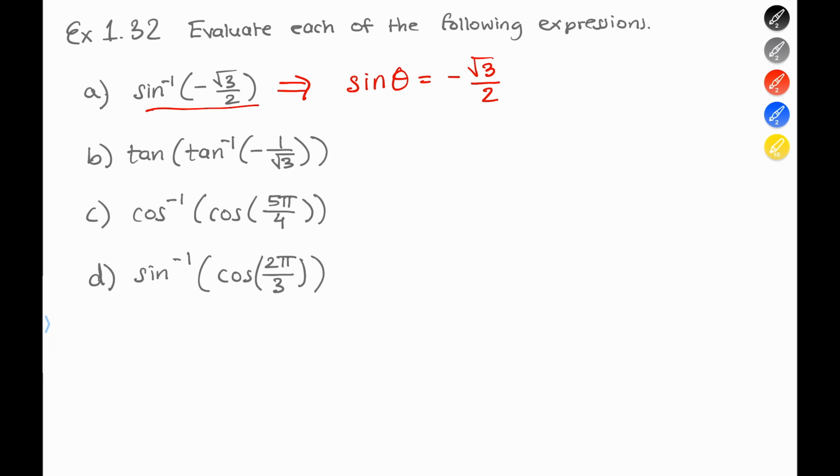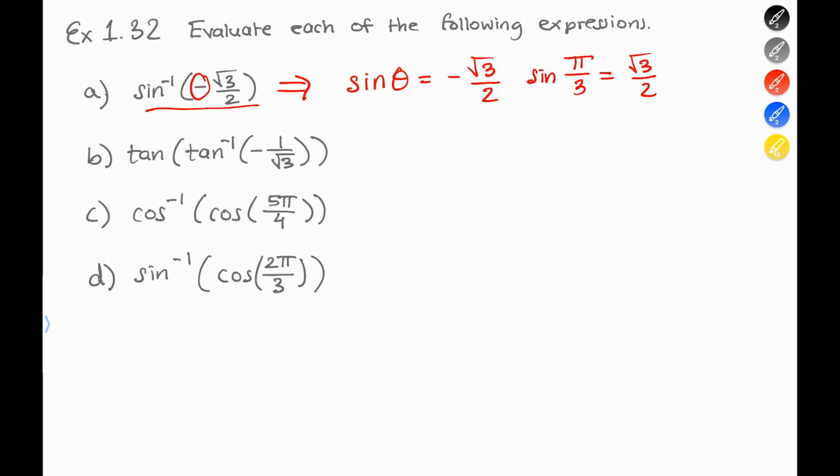And now if we remember our unit circle, we know that sine of pi over 3 is equal to root 3 over 2. But notice how we have a negative sign right here. So that means it could either be in the third or fourth quadrant.